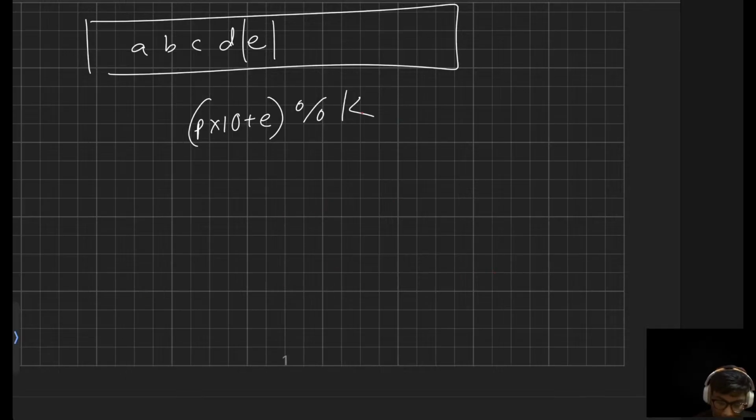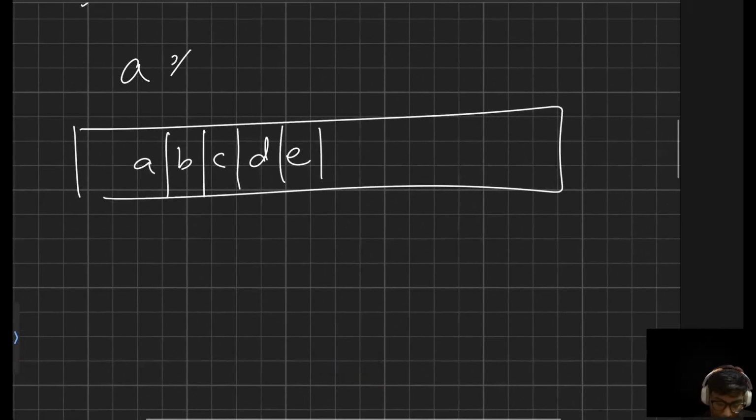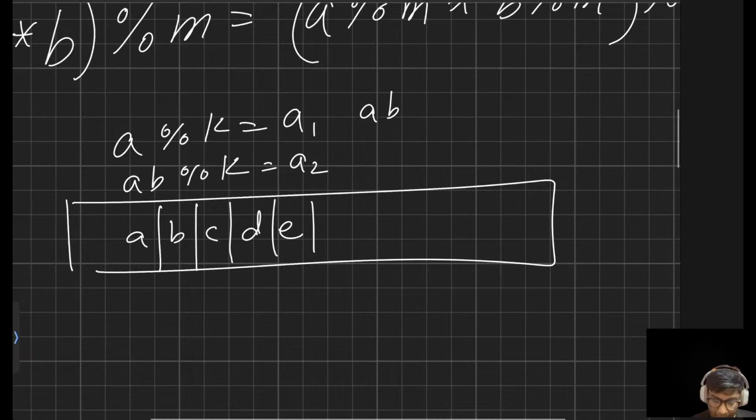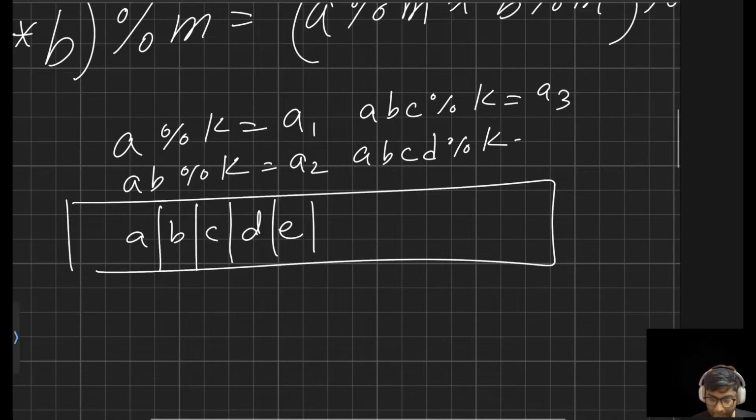let's consider an intermediate step. We know that a modulo k is, let's call it a1. ab modulo k is a2. abc modulo k is a3. abcd modulo k is a4, right?